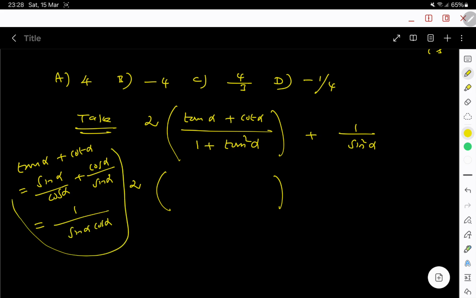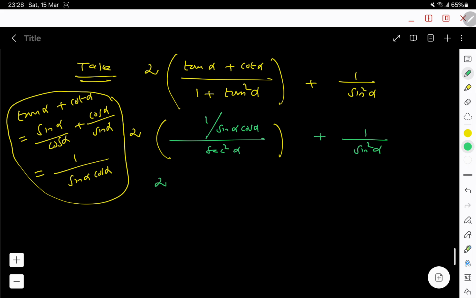This is the value of tan alpha plus cot alpha. So I am writing tan alpha plus cot alpha as 1 divided by sin alpha cos alpha, and 1 plus tan square alpha is secant square alpha, plus 1 by sin square alpha.